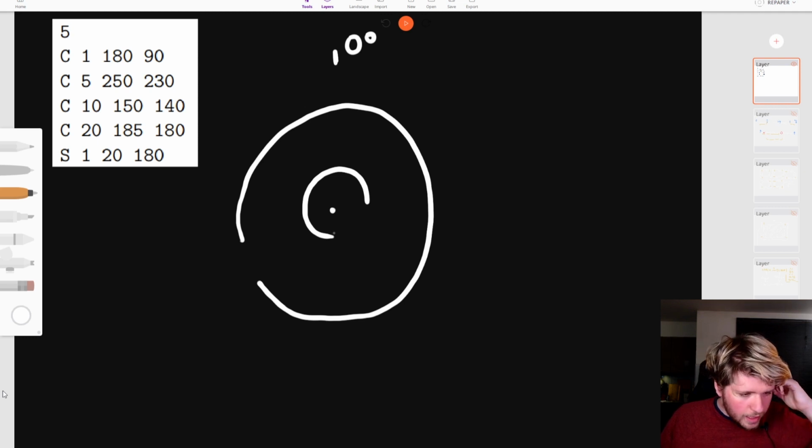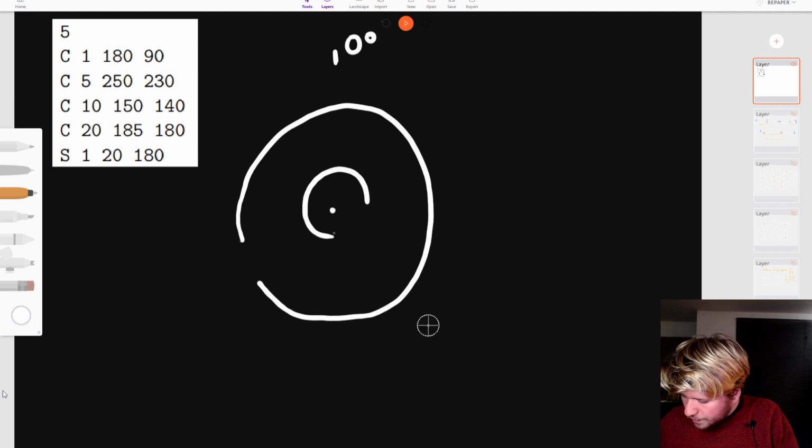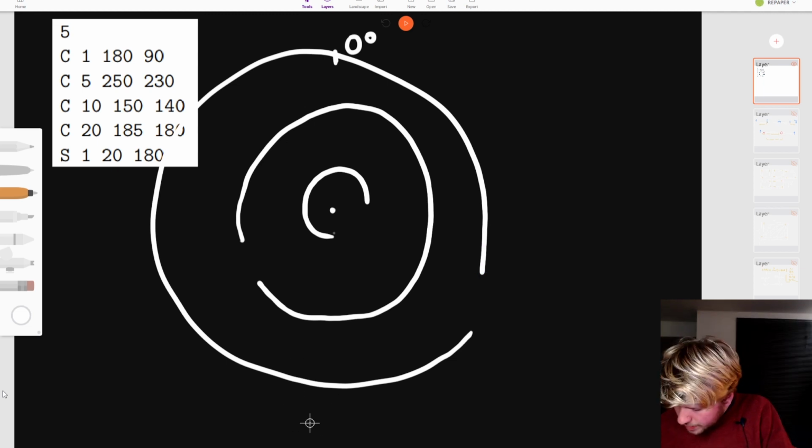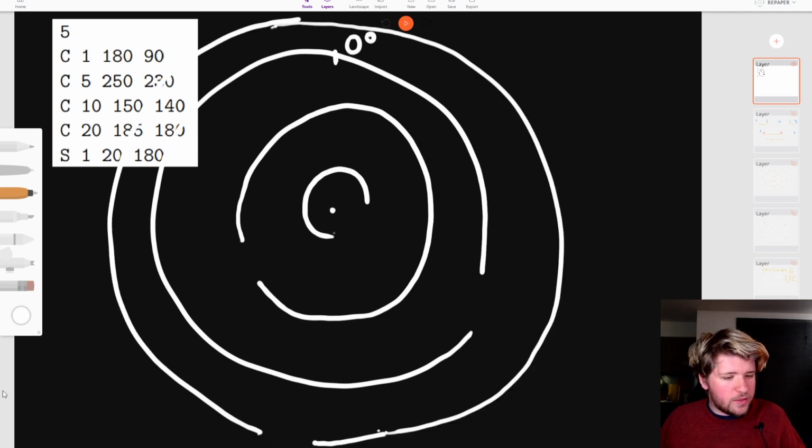Third wall will have radius 10 from 150 to 140. And the last, well, I won't be able to keep the scale, but it's from 185 to 180. So the opening will be just to the left of the south, let's say. And we have one straight wall from radius 1 to radius 20, and it's at angle 180.